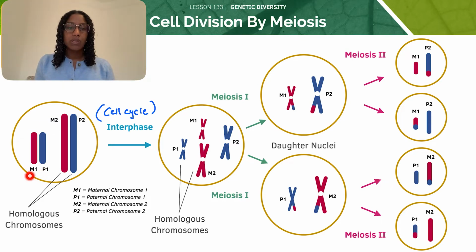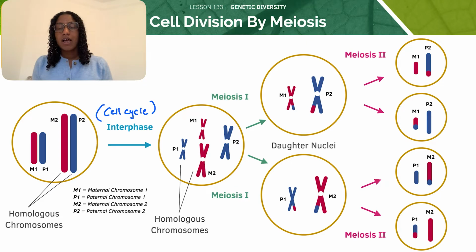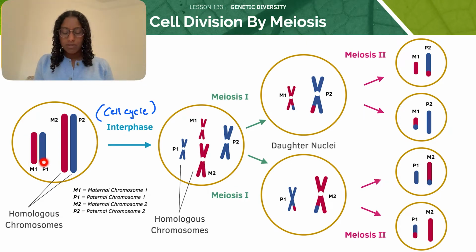Together we call those our homologous chromosomes. In interphase, each of these homologous chromosomes makes a copy of itself. So you can now see that there are 2 of M1 here and 2 of P1 here. And one of these chromatids and the second of these chromatids are referred to as sister chromatids.